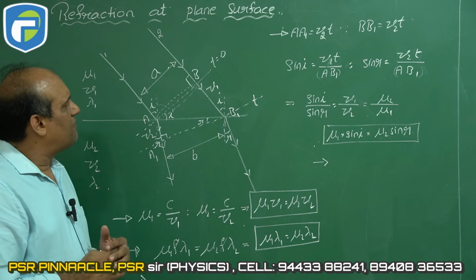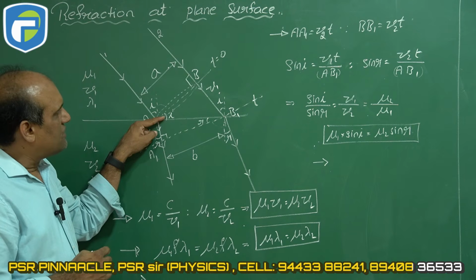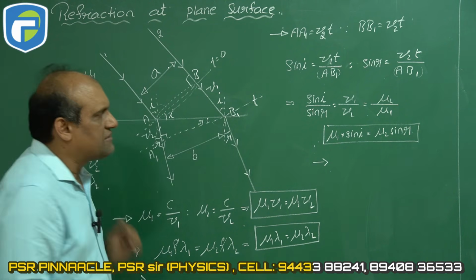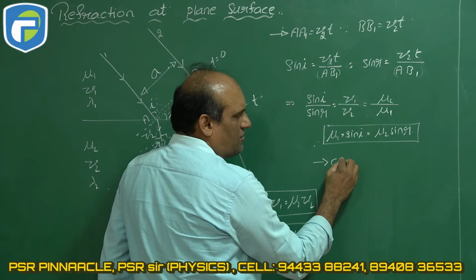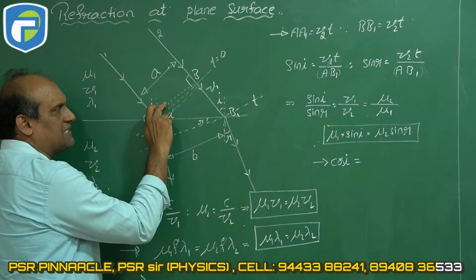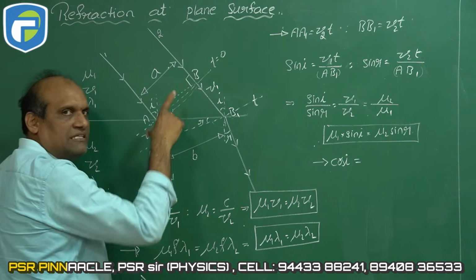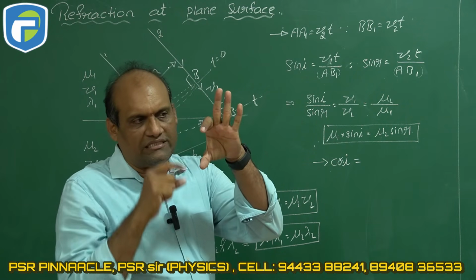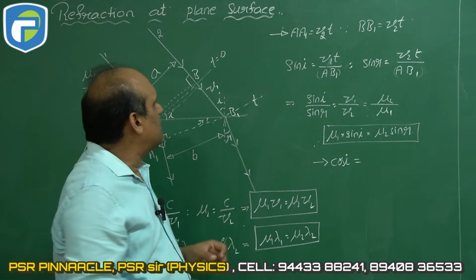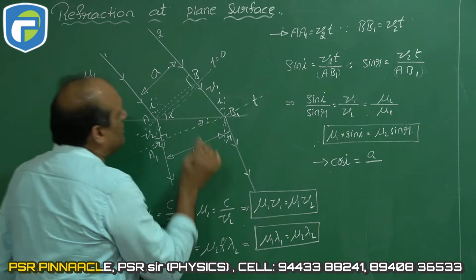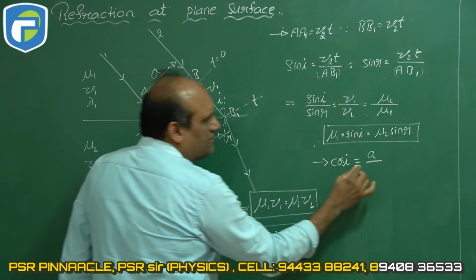Same as usual, let us take cos I. Cos I equals adjacent side by hypotenuse. The adjacent side is the distance between these two rays, nothing but the diameter of the beam. So cos I equals A upon AB1.